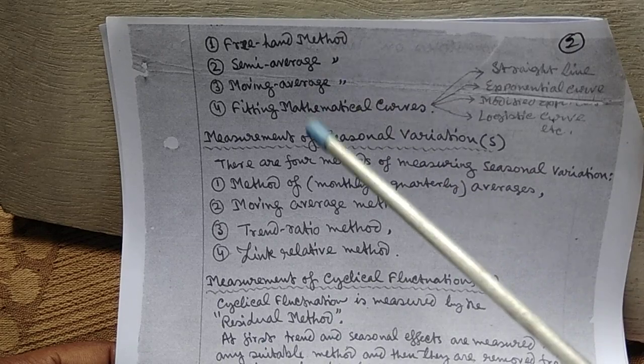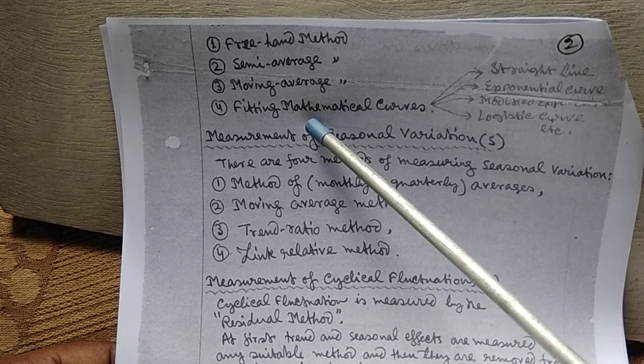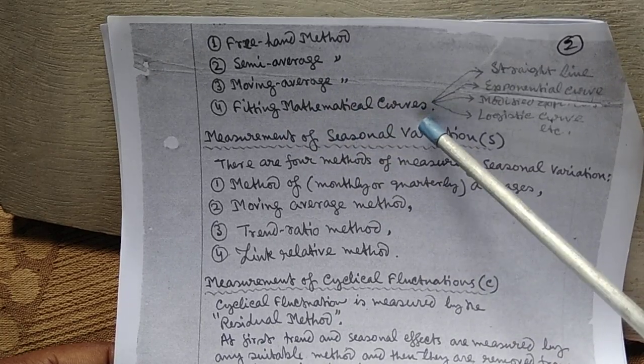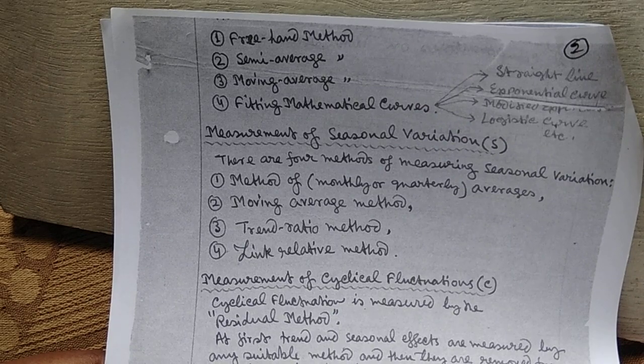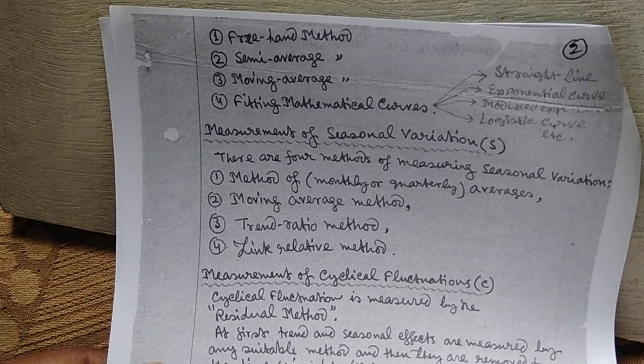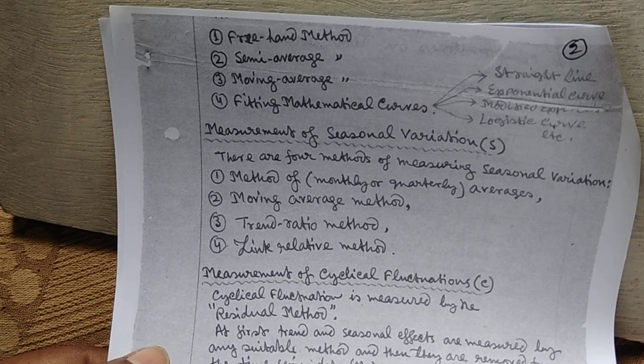Among these 4 methods, fitting mathematical curves is the most important. The method of fitting a mathematical curve is perhaps the best and most objective method of determining trend.